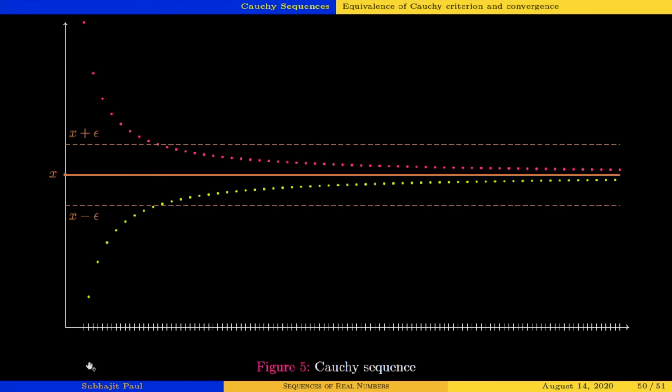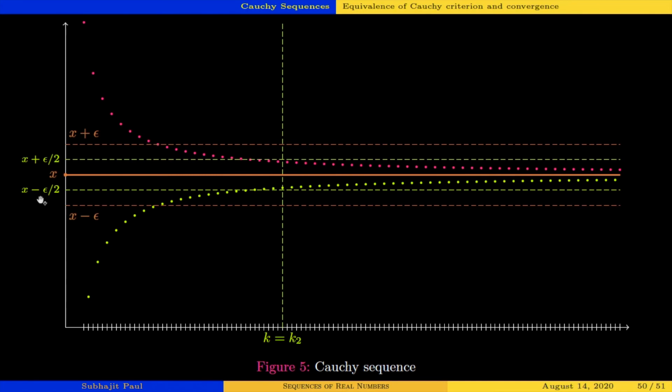Then these are epsilon by 2 bounds around x, x minus epsilon by 2, x plus epsilon by 2. This green subsequence converges to x, so it goes within the epsilon by 2 neighborhood around x after k equal to k2.